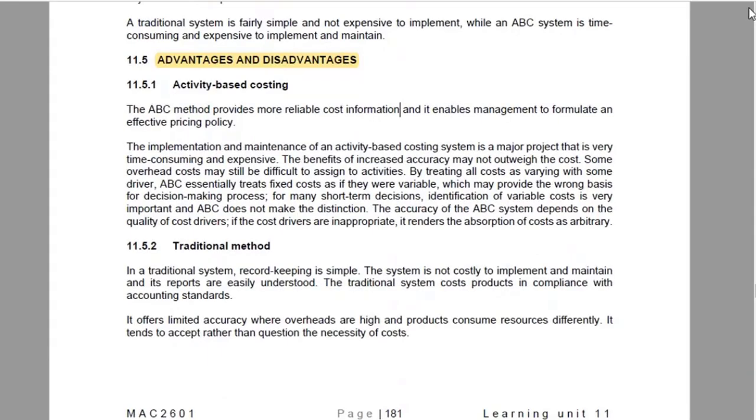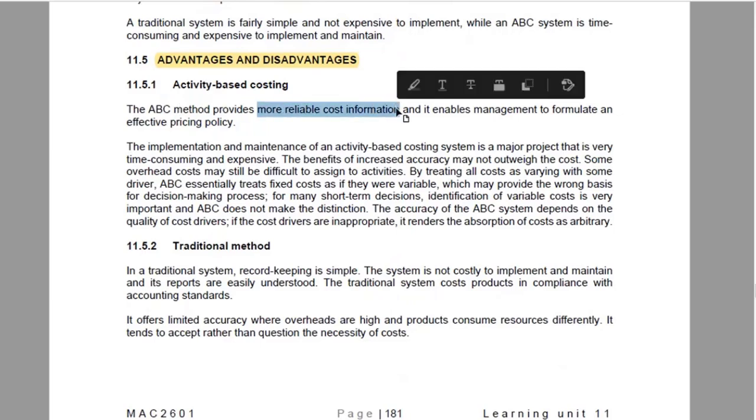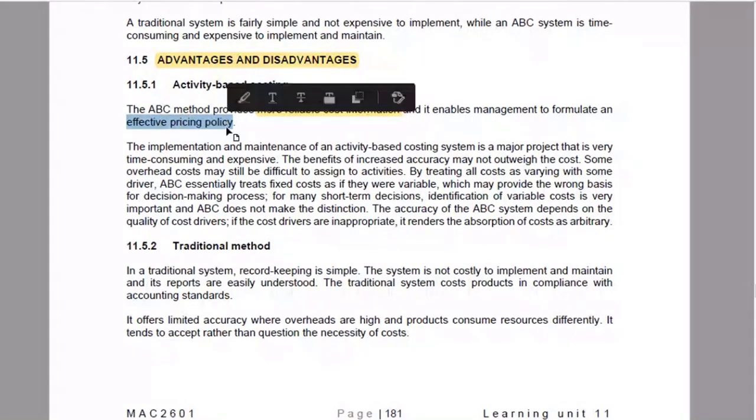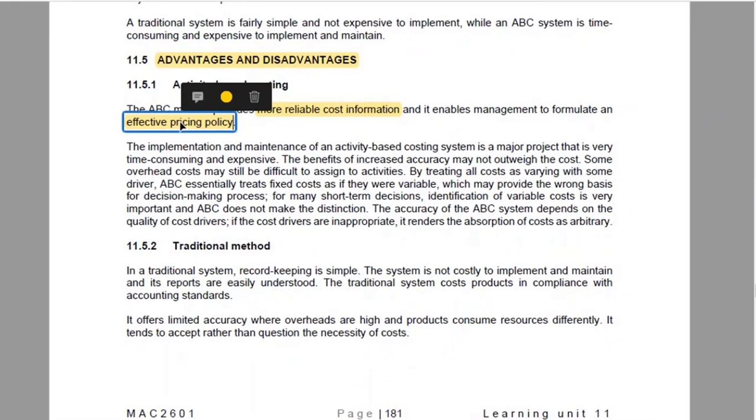So maybe let's look at the advantages. The advantage of using ABC is that you get more reliable cost information that helps you to formulate policies, stuff like pricing. So more reliable cost information for pricing policy.